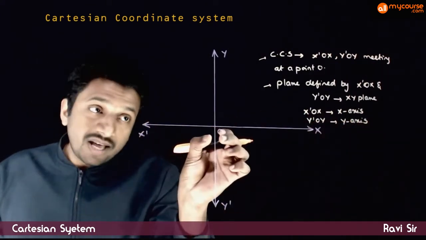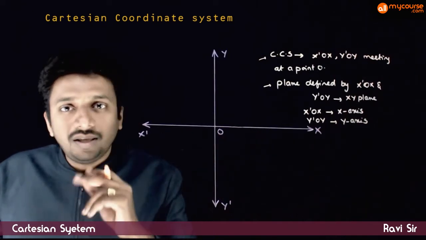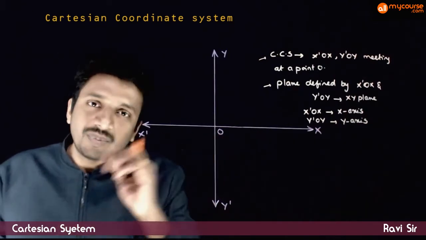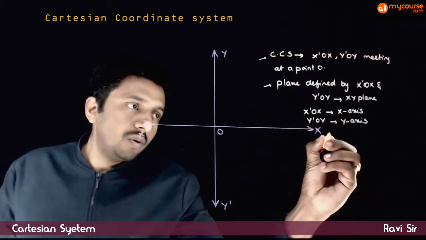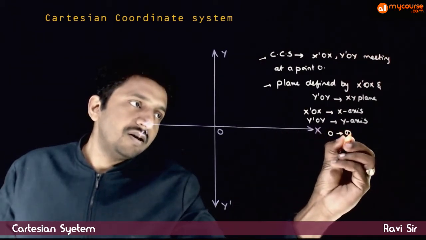The point where these two axes meet is called the origin, usually represented by O.